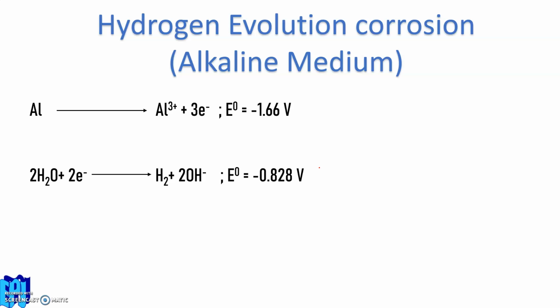Writing it with water: 2H2O plus 2 electrons gives H2 plus 2OH-. These are the reactions. The mechanisms are the same; only the equations are different.